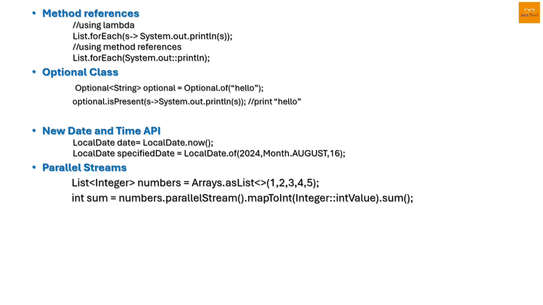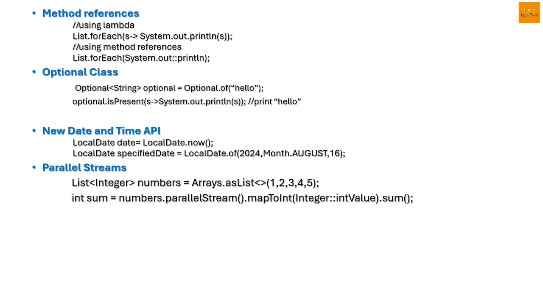So how can we create a LocalDate? By just calling the now method, and as you can see it will return the current date. And if we want a specific date to be returned, then we can call the of function, LocalDate.of, and pass the date. That's it.